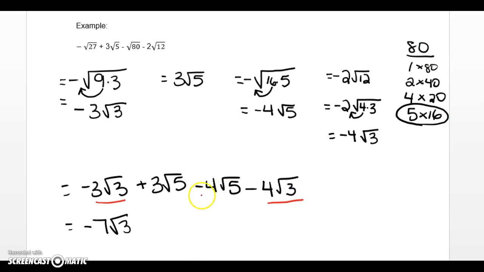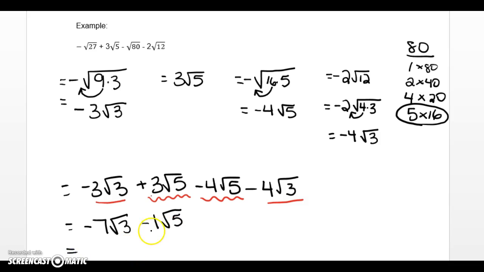Then we can look at our next set of like terms, which is 3 square root of 5 and negative 4 square root of 5. So you add or subtract those coefficients. We have 3 minus 4, which is negative 1, and leave the radical the same.